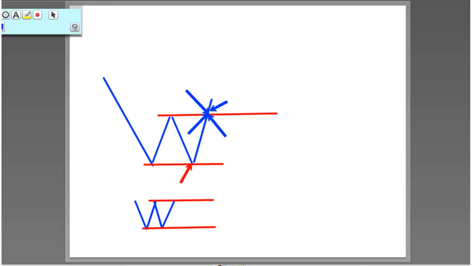Where would your stop be on a momentum play, a breakout play? Where would you look? Yeah, the breakout line, right?